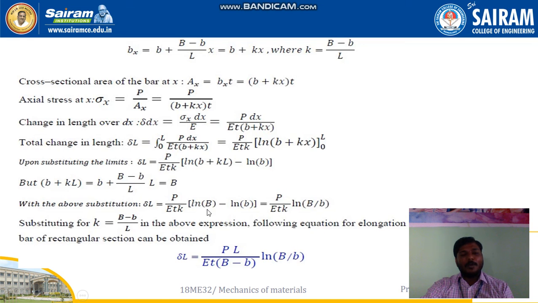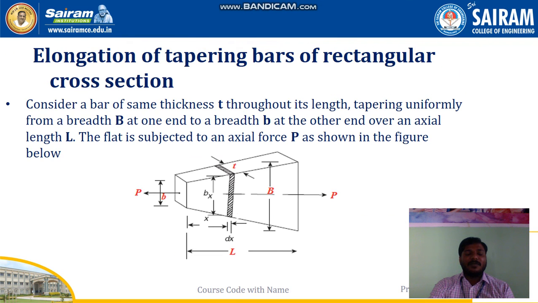By substituting these equations, we can identify the change in length for a rectangular bar: PL divided by E into t into (B minus b), the linear equation, with a log of B by b. This is the equation we want whenever we need the change in length for this tapering bar.